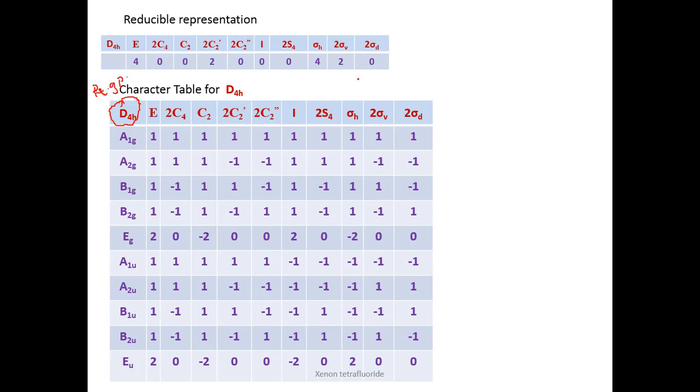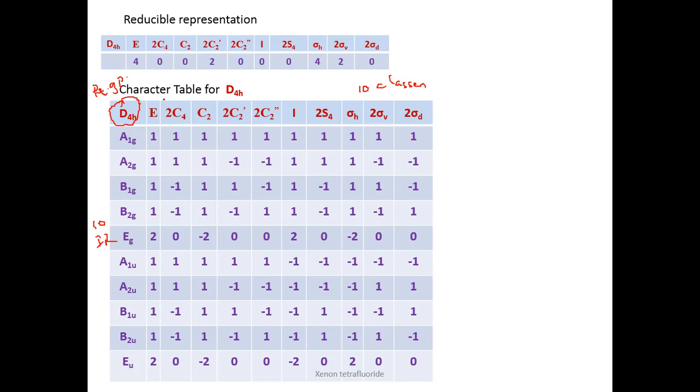These are the classes. There will be totally 10 classes here. 10 classes means 10 irreducible representations, namely A1g, A2g, B1g, B2g, Eg, A1u, A2u, B1u, B2u, Eu. These are the 10 irreducible representations.